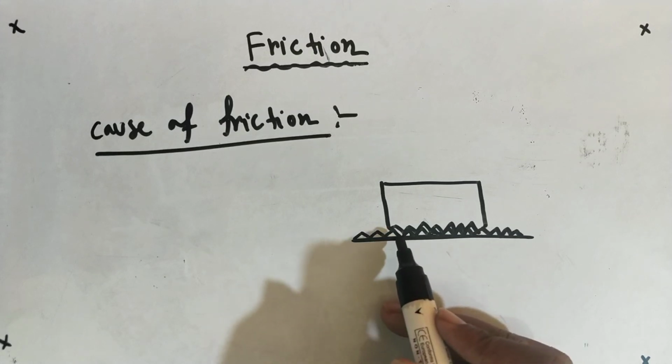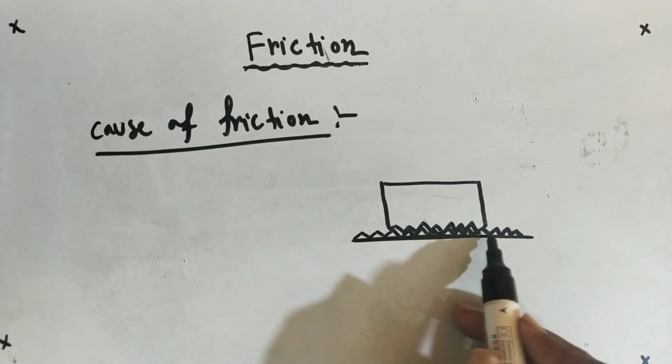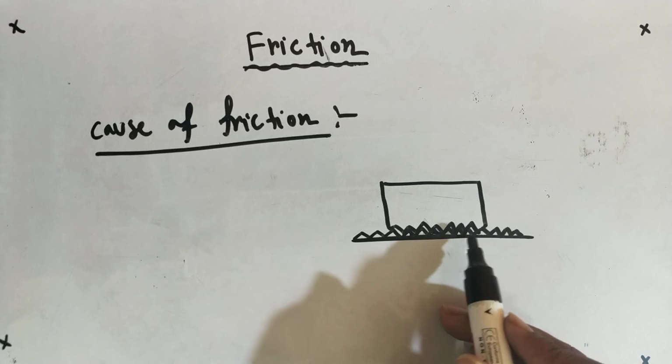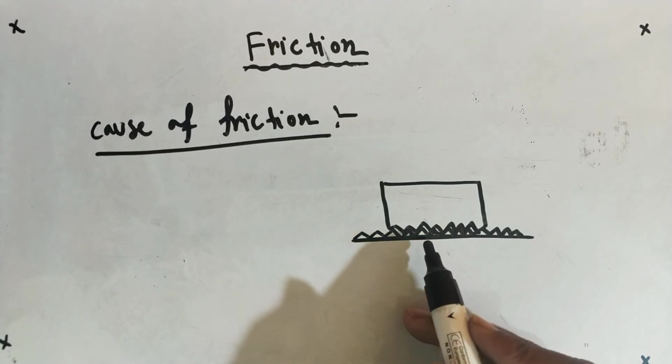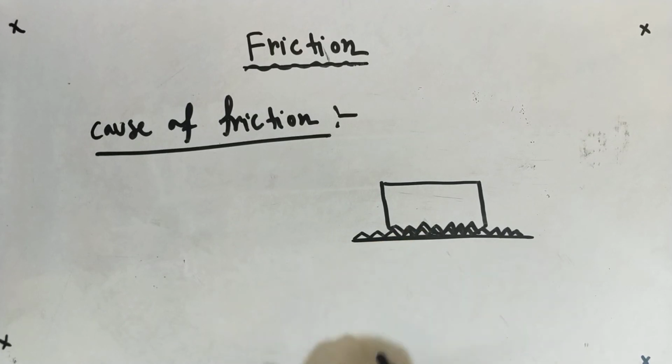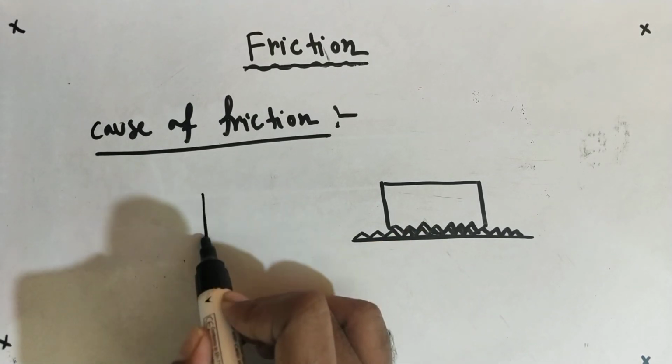Though if you try to smooth the surfaces more and more, still you will get some frictional force, and this is due to the interaction between the molecules of the two surfaces.